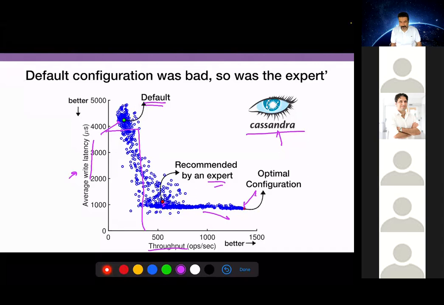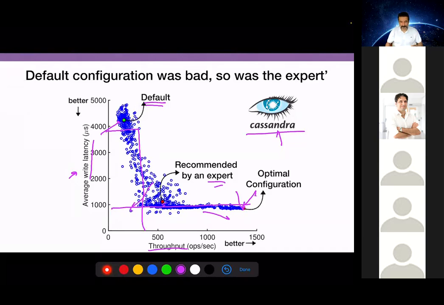And you see, more interestingly, you have so many different configurations that are similar with respect to the write latency, but massively different in the throughput of the system. So this would make it really difficult to get here from somewhere here, right?